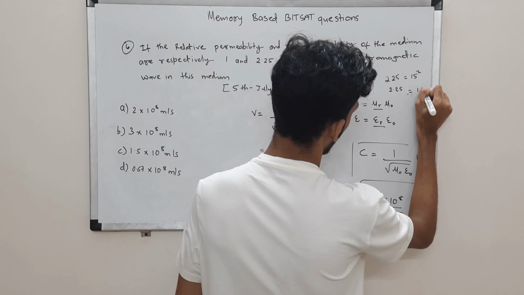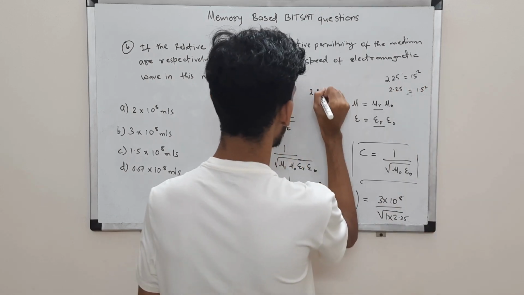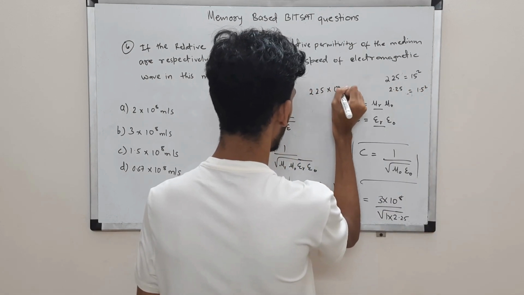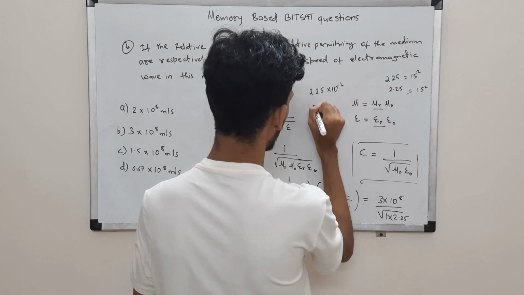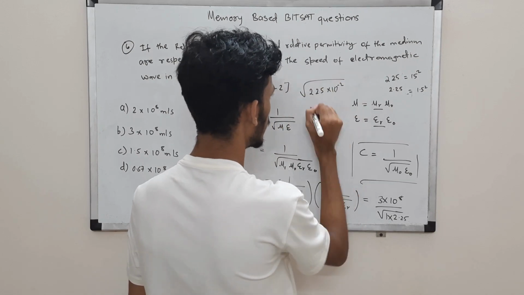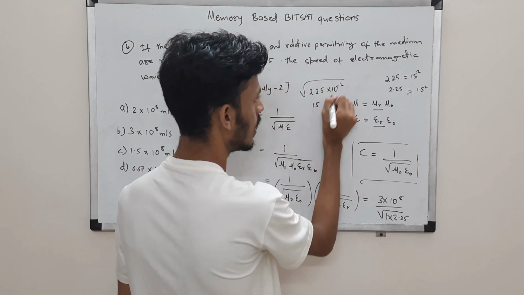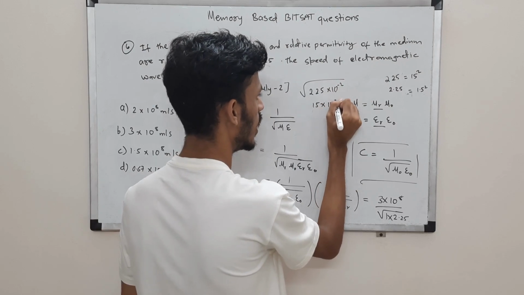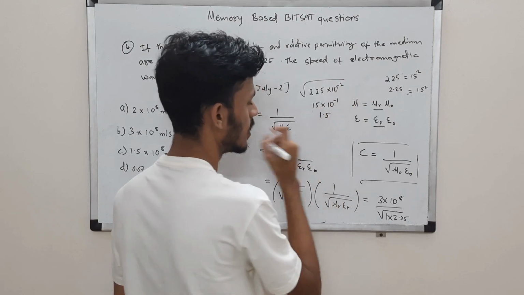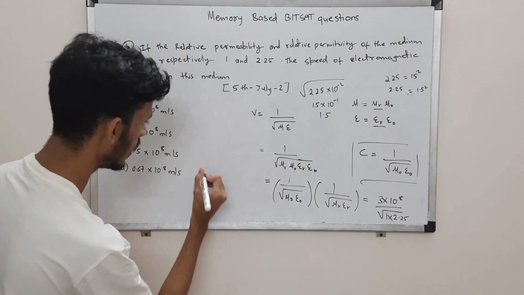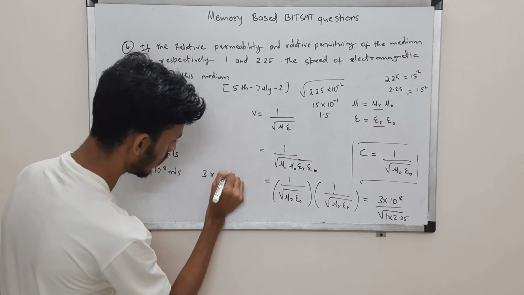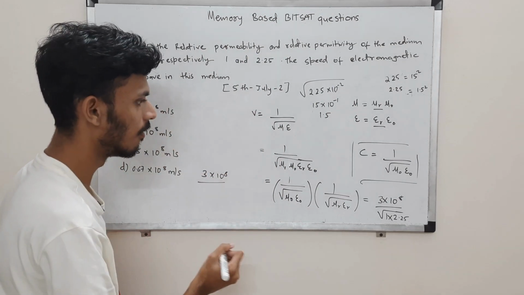You can shift the decimal and write it as 10 to the power minus 2. If you take the square root of that, this is 15, and 10 to the power minus 2 will give 10 to the power minus 1. So this is 1.5.